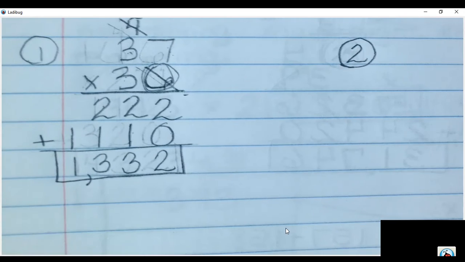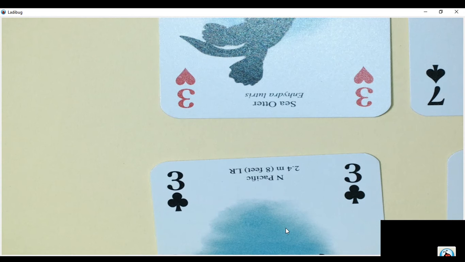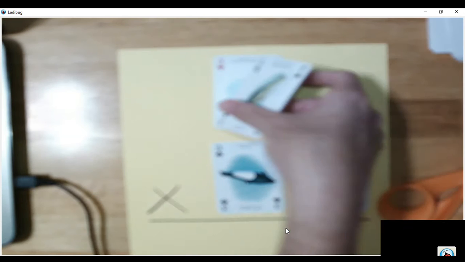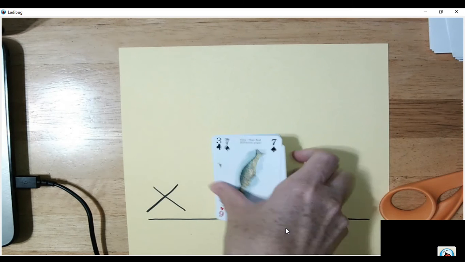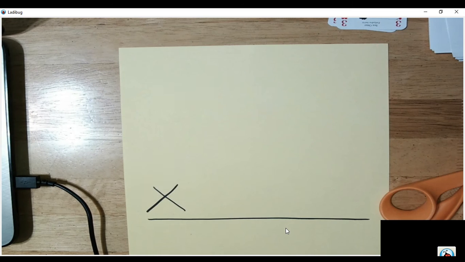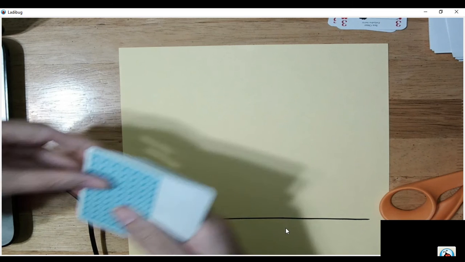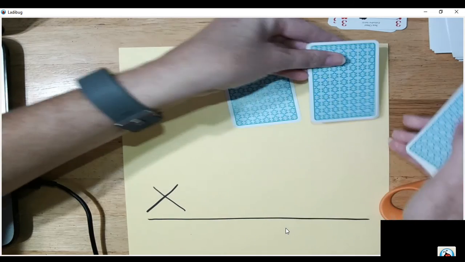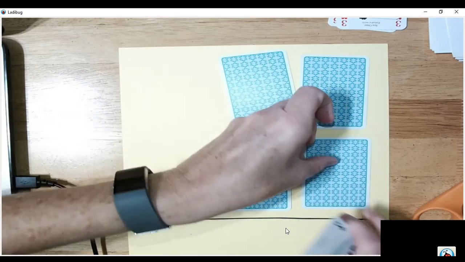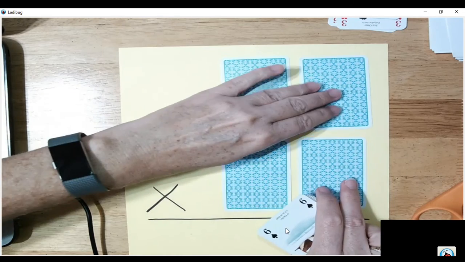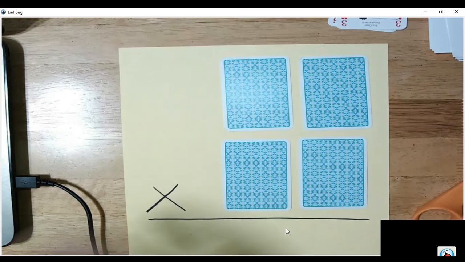Okay, I'm going to put my journal aside. And then I'm going to take my 4 cards, put these cards aside, and I'm going to deal my next 2-digit by 2-digit multiplication problem.